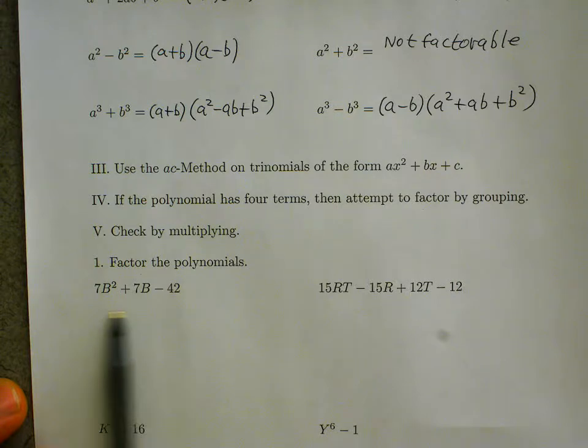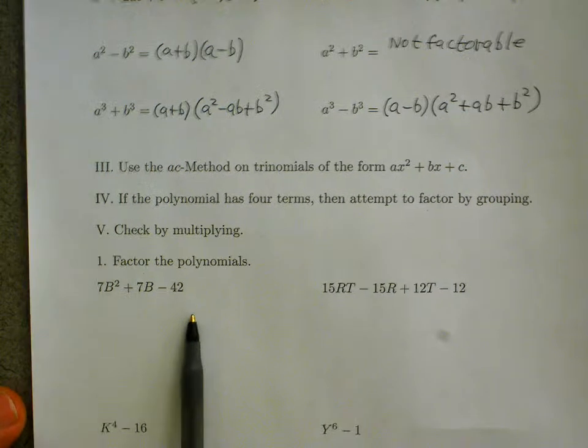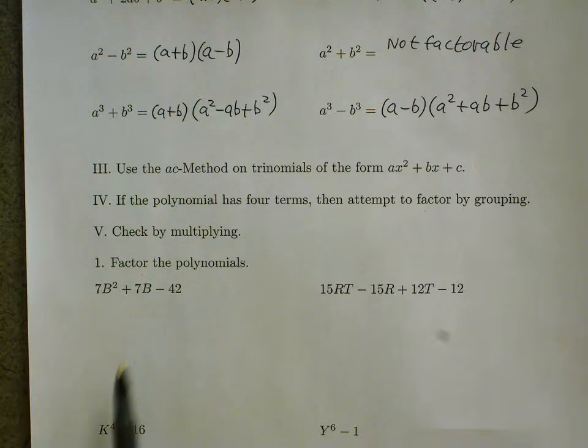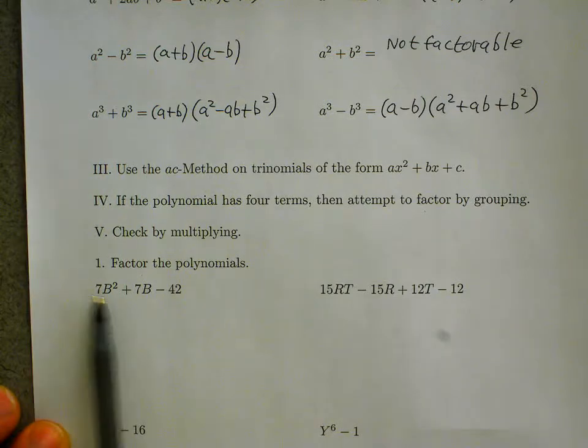Okay, let's start. Well, if you follow the general strategy, step 1, if the greatest common factor is not equal to 1, factor that out. So of these 3 terms, 7 is a common factor.